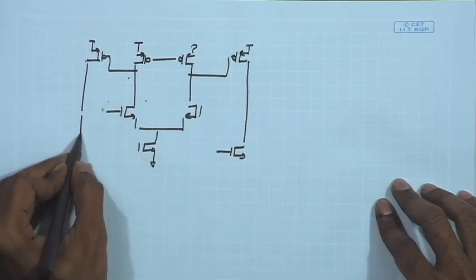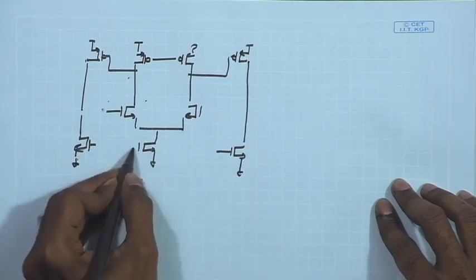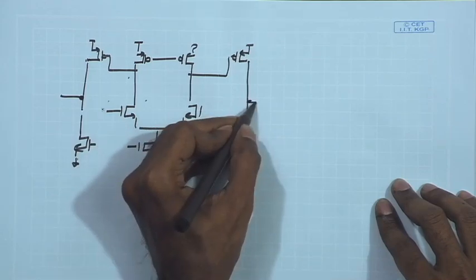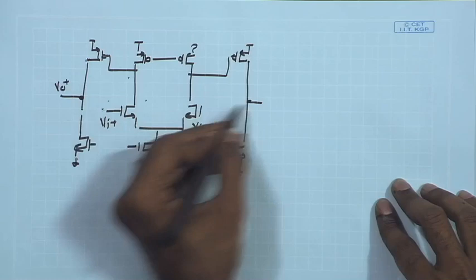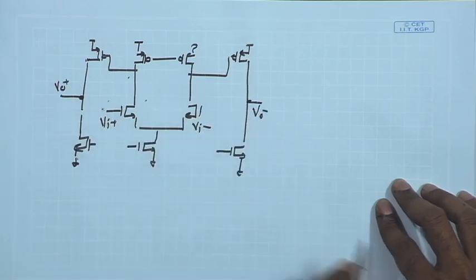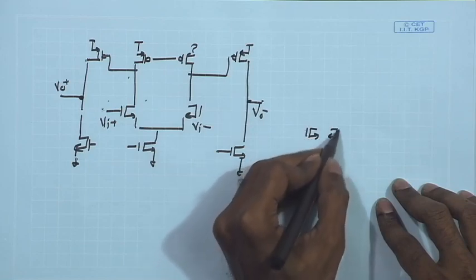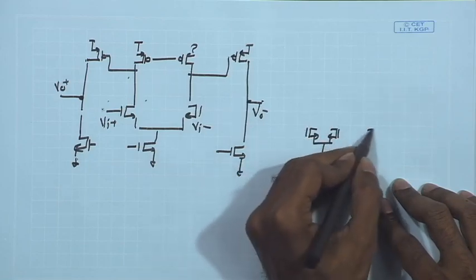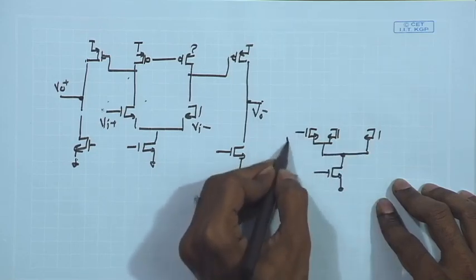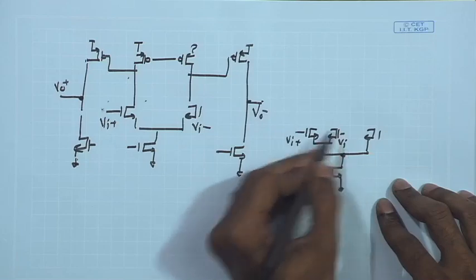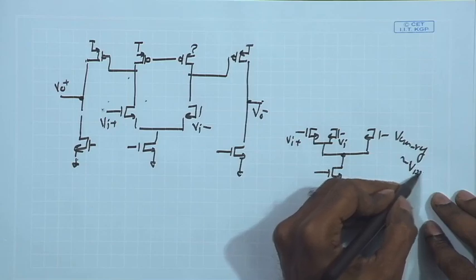So, once again we are assuming that the output common mode is taken from the final output stage. If this is your Vi plus and Vi minus, I have the Vo plus and Vo minus, and my error amplifier is going to take the Vi plus, Vi minus, VCM ref, and this is going to be close to VDD by 2, because this is the output common mode.